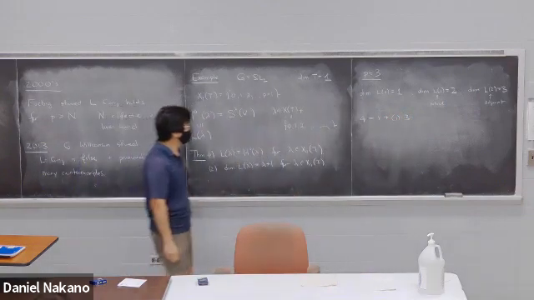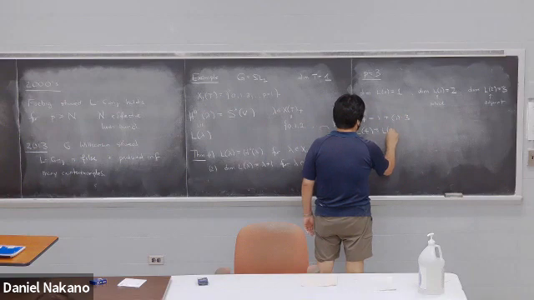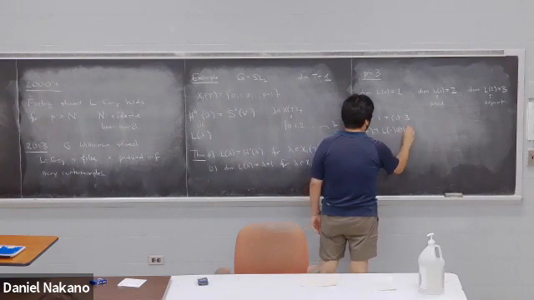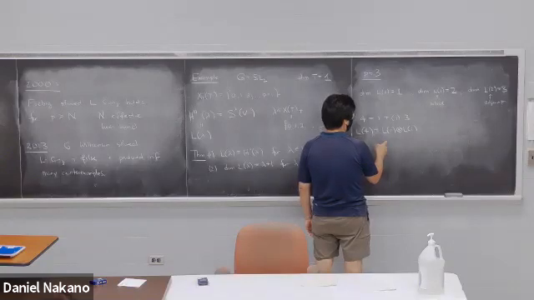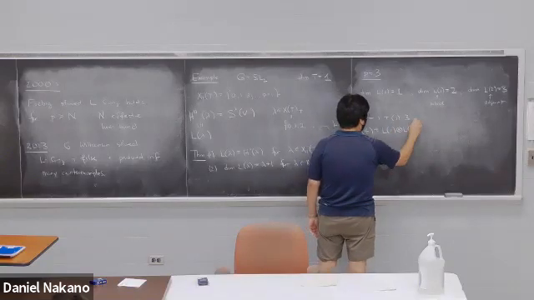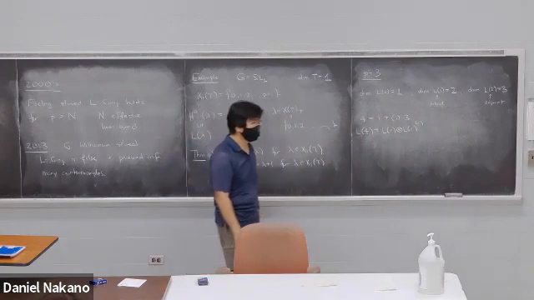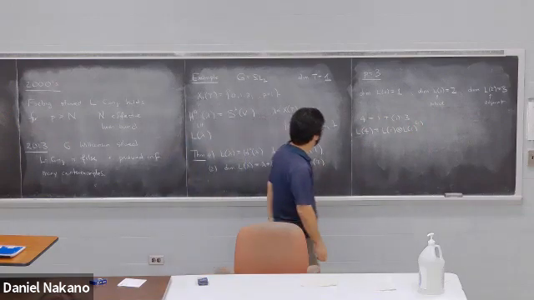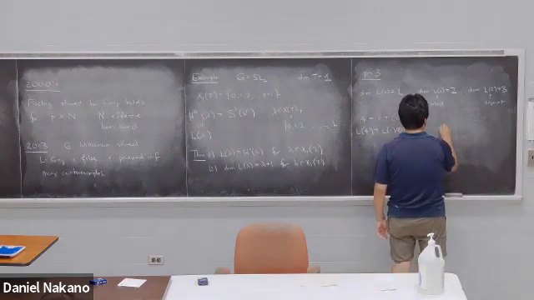So by Steinberg's tensor product formula, L4 is L1 tensor L1 twisted. How many times do I have to twist it? Just once. It's like magic. It's great.